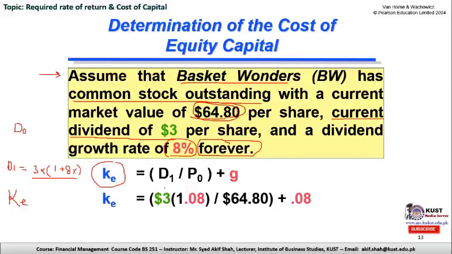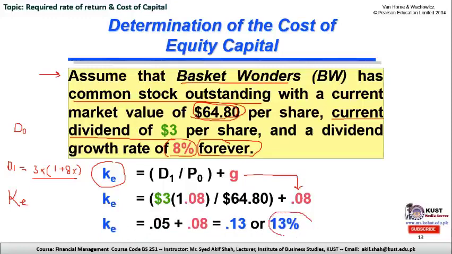So we have to multiply 3 with this growth factor, which is 1.08, whole divided by the current market price, which is 64.80, plus the growth factor, which was 8%. So with the help of simple mathematical calculation, we come up with KE is equal to 0.05 plus this growth factor, which is 13% in our case.